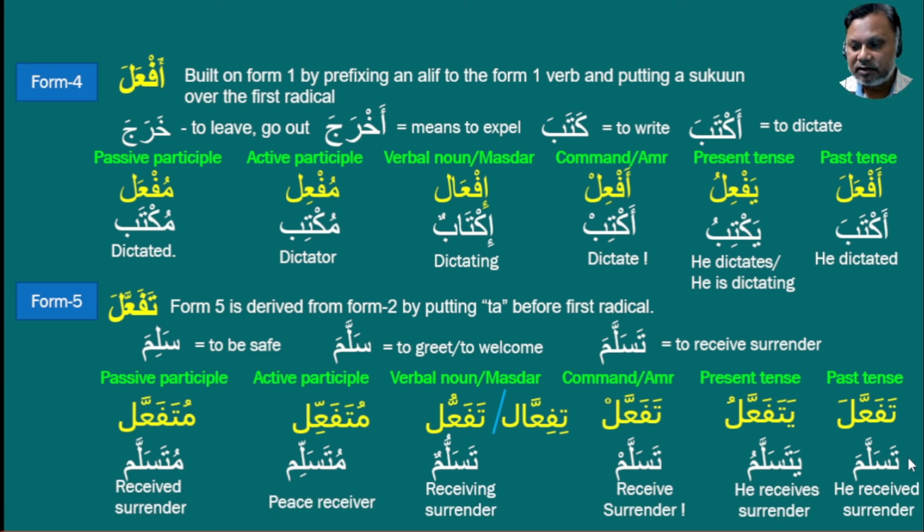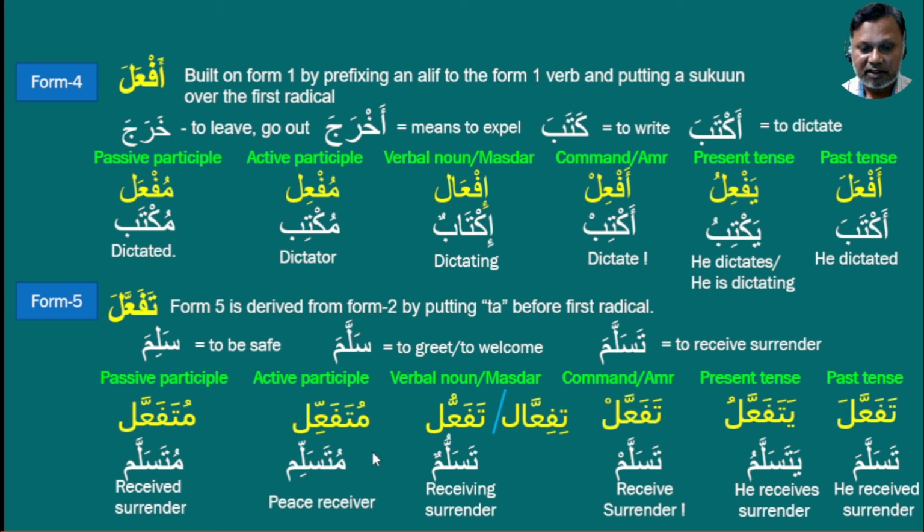Now the meaning: tasallama means he received, surrendered. Yatasallamu, he receives, surrenders. This is the present tense. And the command verb will be tasallam, receive, surrender. The verbal noun will be tasallumun, meaning receiving, surrendering. The active participle is mutasallim, the peace receiver, the person who does the job.